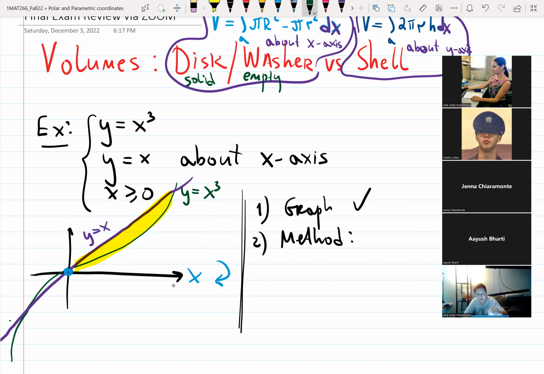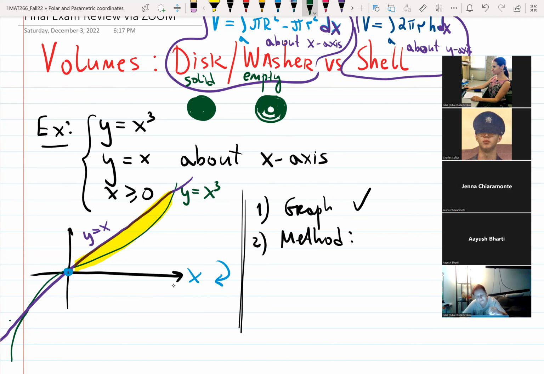If there's water, it can contain water, while disk is solid. Disk is called the disk method because we're slicing with disks. They have no holes inside. While washer is called a washer because we're slicing with something that has a hole inside. That's why I like calling it the ring method.